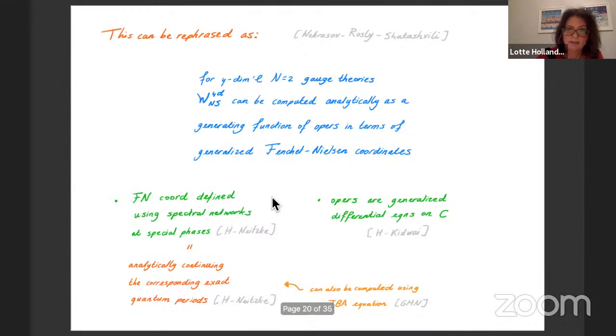You can generalize this for any theory of class S. So in a paper with Omar Kidwai, we, for instance, wrote down a description of how to obtain the family of opers corresponding to any theory of class S.